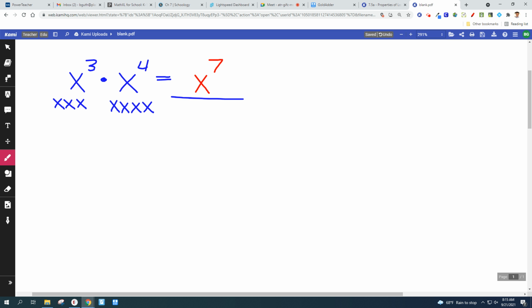So the rule seems to be that when you multiply two powers, you add the exponents. That's kind of an important thing. There's some kind of link between multiplication and addition here. They're not the same thing, obviously, but when you multiply powers, you're adding the exponents.